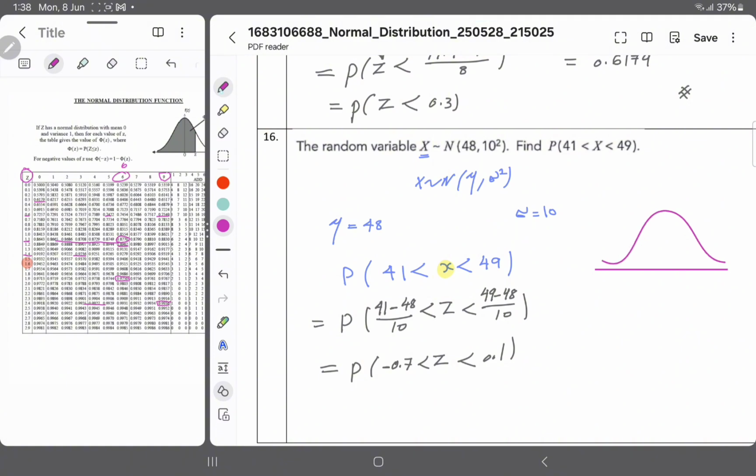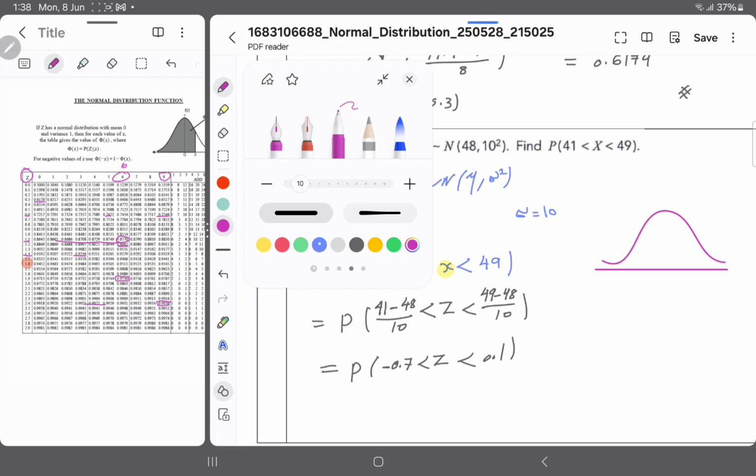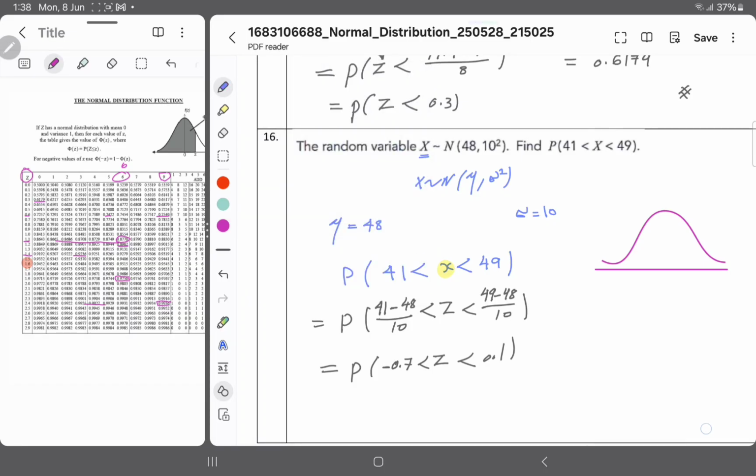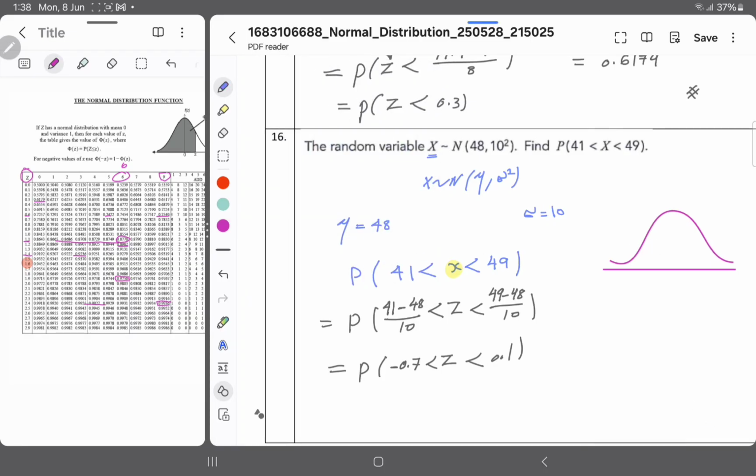In this diagram, I have z lies between two values, the mean in the middle, 0, negative 0.7 will be here, and 0.1, it's close to 0, it will be here.